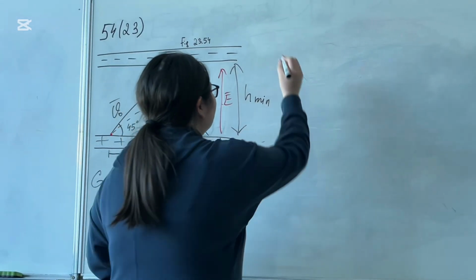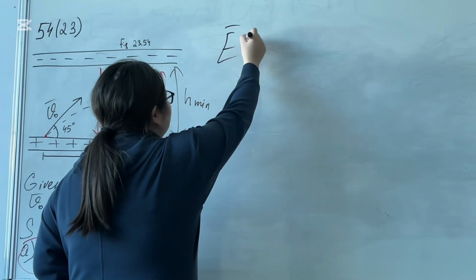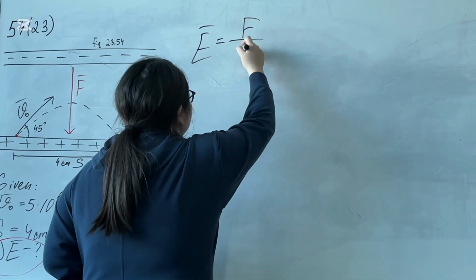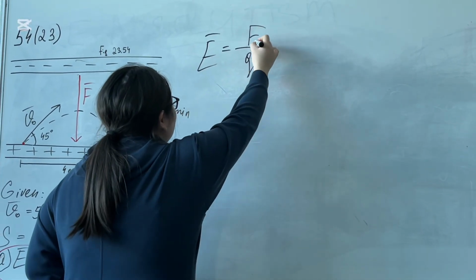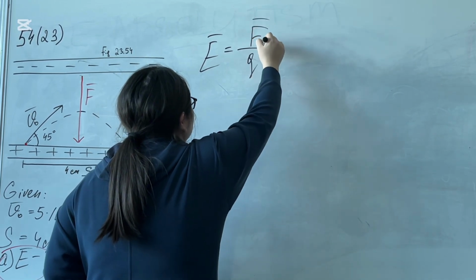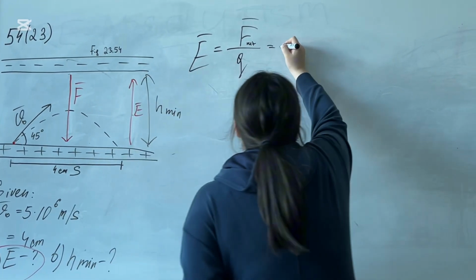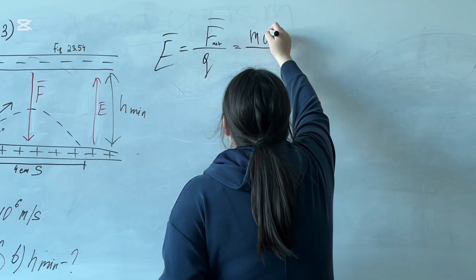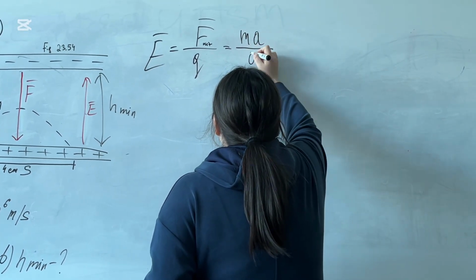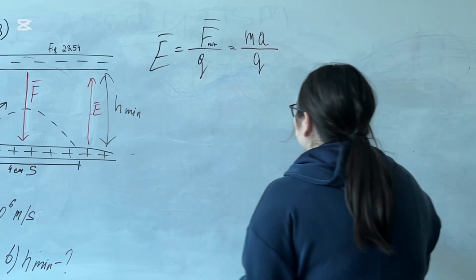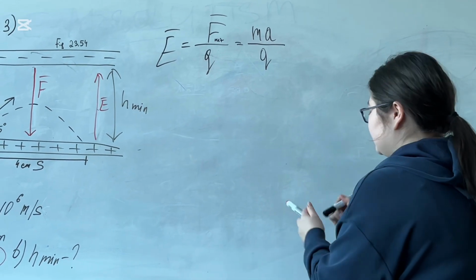As we all know, the formula of the electric field is equal to force divided by charge. We know that the net force is equal to ma, divided by the charge q. Let's see.